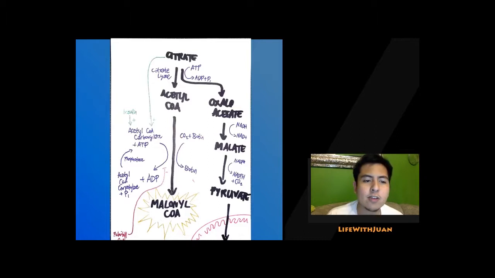Acetyl-CoA is converted via acetyl-CoA carboxylase, some energy from ATP, and carbon dioxide from biotin into malonyl-CoA. Acetyl-CoA carboxylase is upregulated by the presence of citrate and by insulin, and it's downregulated by palmitoyl-CoA, which is a downstream product of fatty acid synthesis.